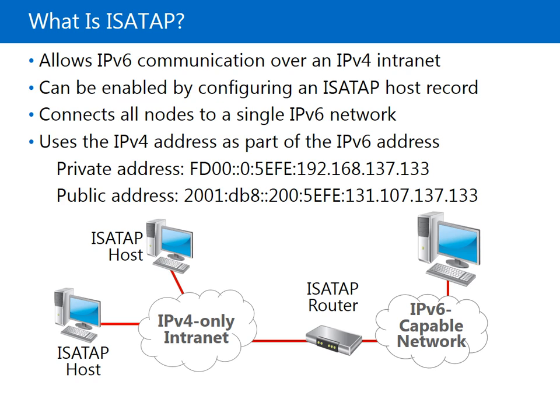When the ISATAP router configures the IP6 address, it is almost always going to have part of the actual IP4 address inside of it. So we can see here that it's 192.168.137.133. So that's private. And then the 131 would be their public IP address.